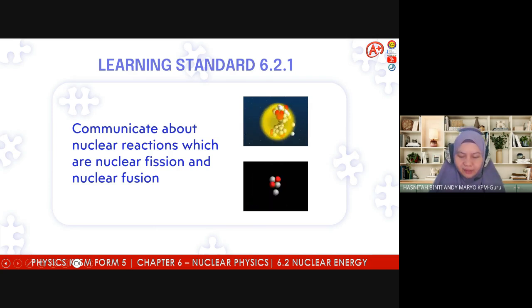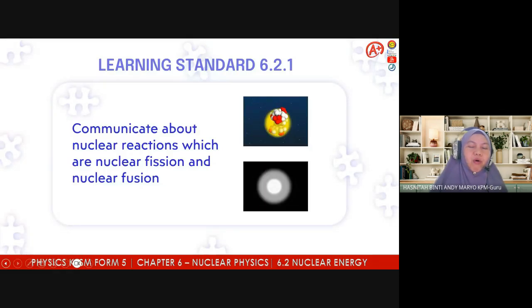On page 135, question number 1, you are given information to show the equation of nuclear fission for uranium 235. This one actually refers to 6.2.